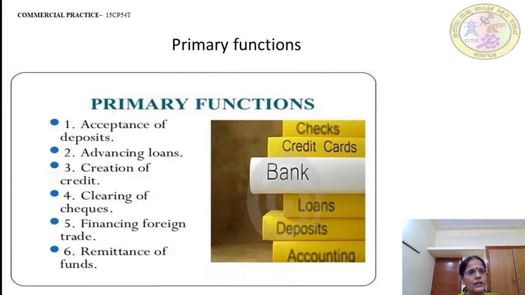Current accounts are those accounts which are maintained by businessmen. Savings bank accounts are those maintained by individuals, salaried employees who earn money on their job. A fixed deposit account is an account for a fixed period of time, and the rate of interest on fixed deposit accounts is quite high when compared to savings bank accounts.